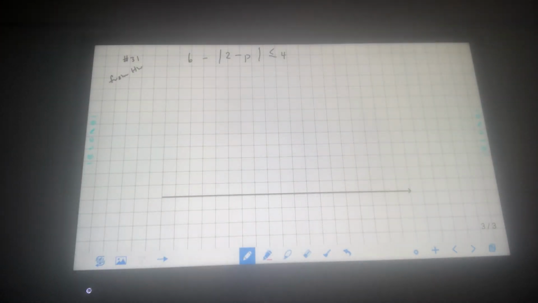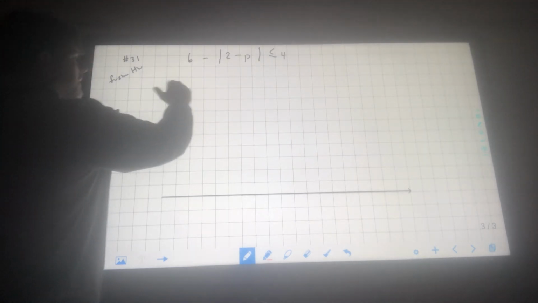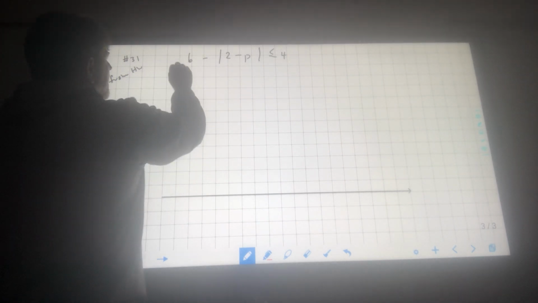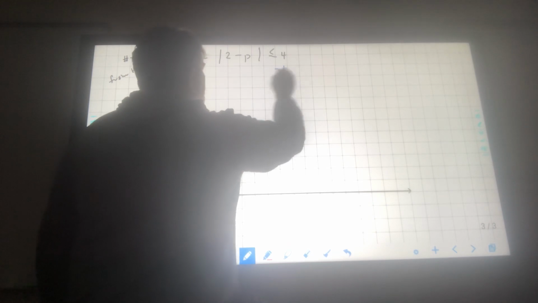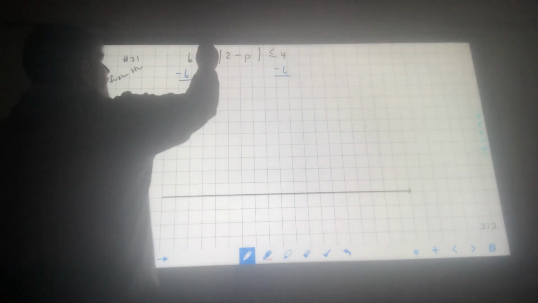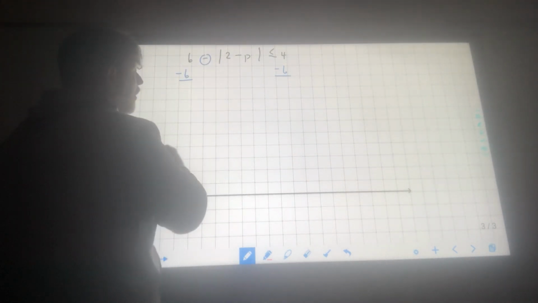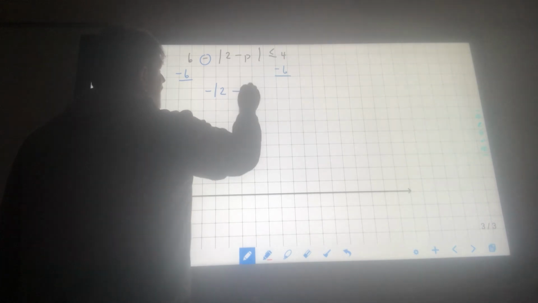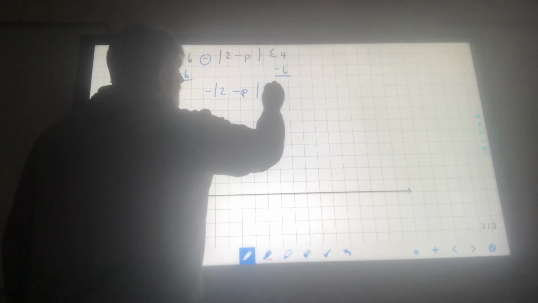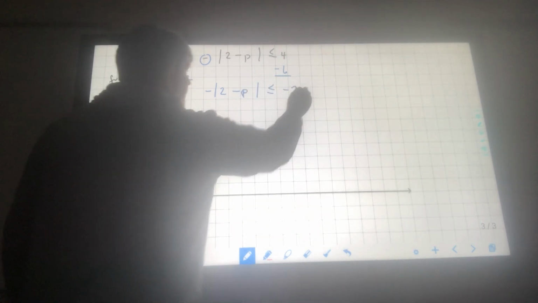Here's the other one, 6 minus absolute value of 2 minus p is less than or equal to 4. This is one I will definitely ask something like on the test. So the first thing I'm going to do is subtract 6 from both sides. Don't cut off that minus part. So I get negative absolute value of 2 minus p is less than or equal to -2.